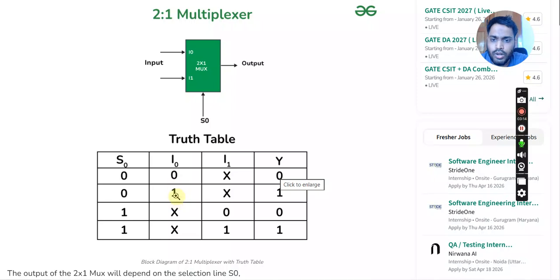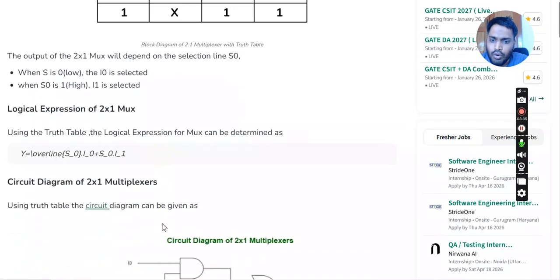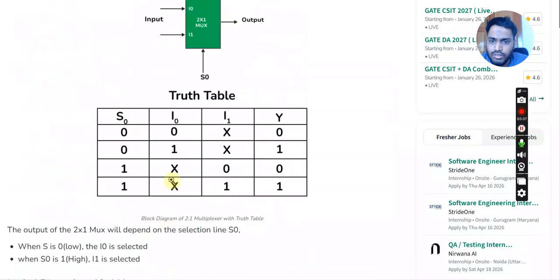For I0 we take 0 and 1, with select line as 0. So 0 will be common for I0 values, whereas for I1 we will take 0 1, and for I1 we will put select value as 1, but we don't know the I0 value. So the output is dependent on both these cases.